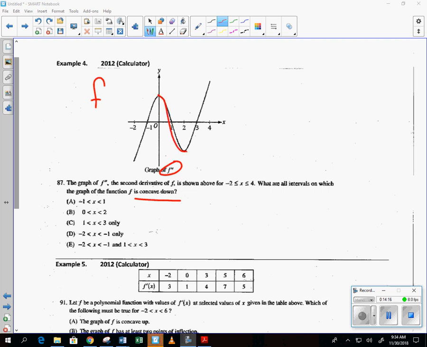That would be if you were looking at F prime. But since we're looking at F double prime, wherever F double prime is less than 0, it's concave down. That'll be here and here. From -2 to -1, and then from 1 to 3. E is the correct answer.